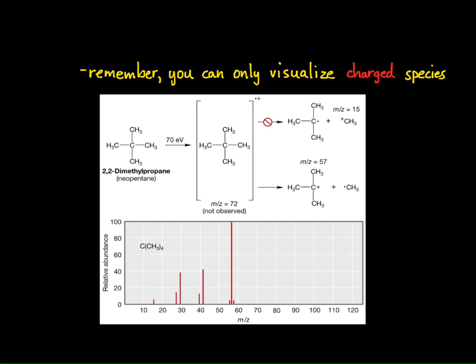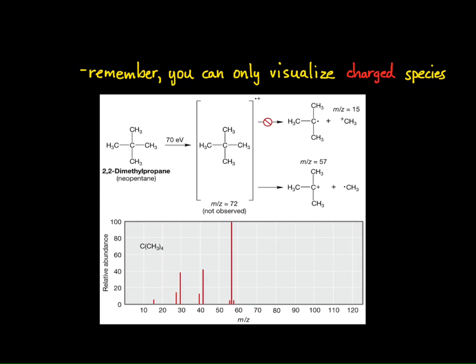The key is remembering that a mass spectrum only visualizes charged species, namely positively charged species. As an example of this, I want to show you the mass spectrum of neopentane. When it fragments, you would expect a molecular ion peak.